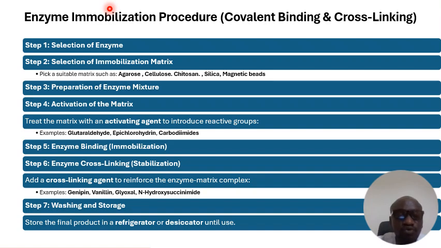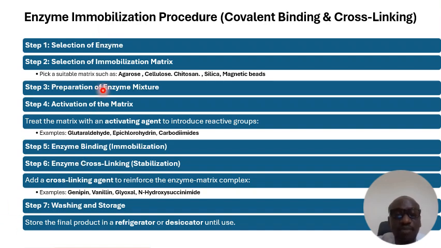Then we go to washing: we wash it and store the enzyme until use. You can remove the unbound enzyme by washing in a buffer solution, and the final product is then stored in a desiccator until use is required.